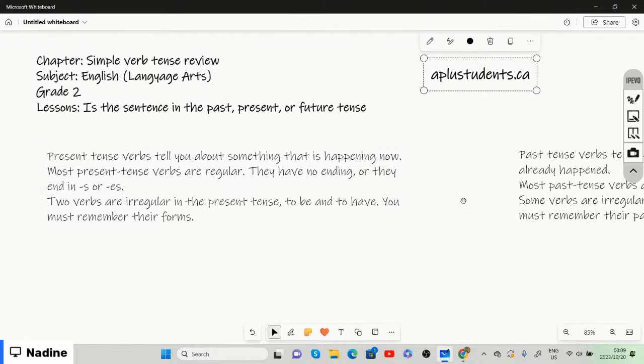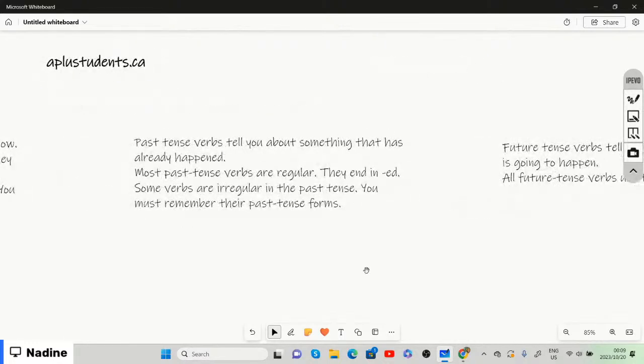Then we also have the past tense. Past tense verbs tell you about something that has already happened. So it's in the past. It happened already.